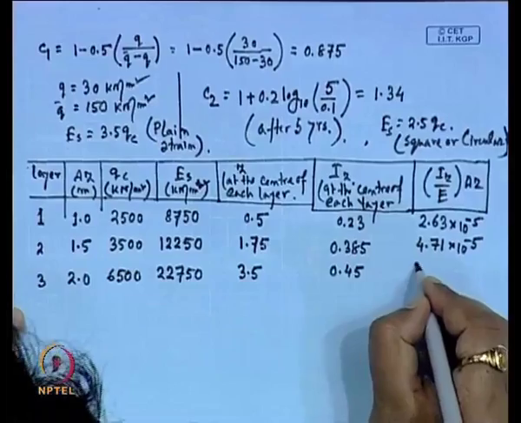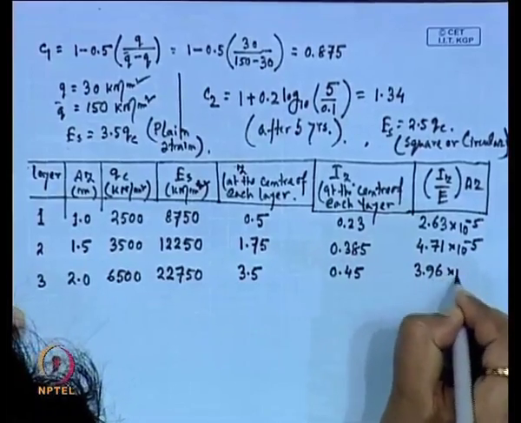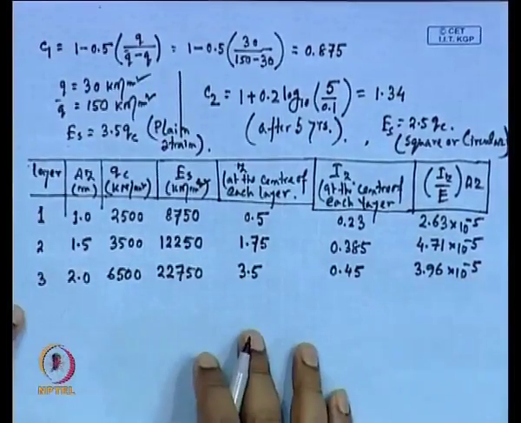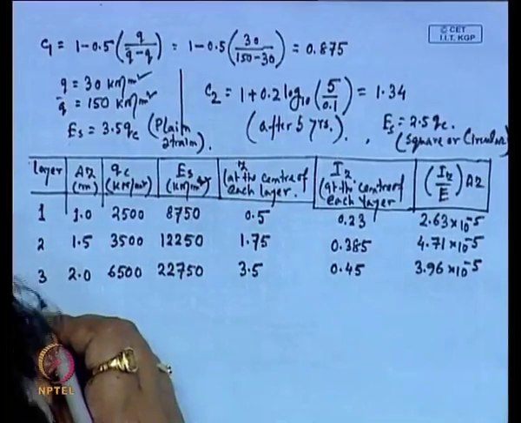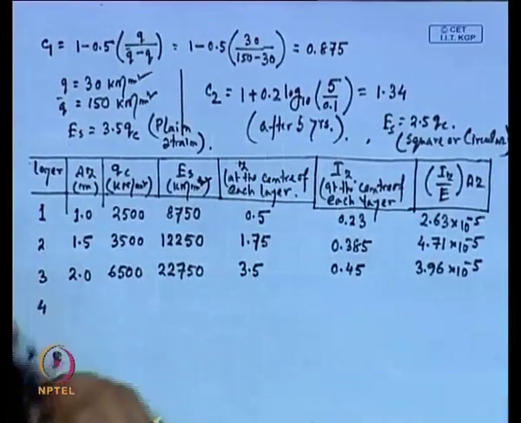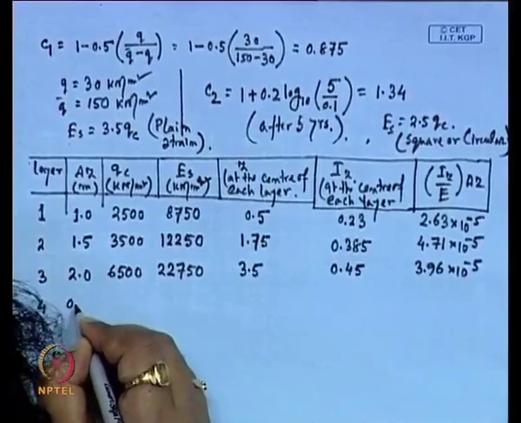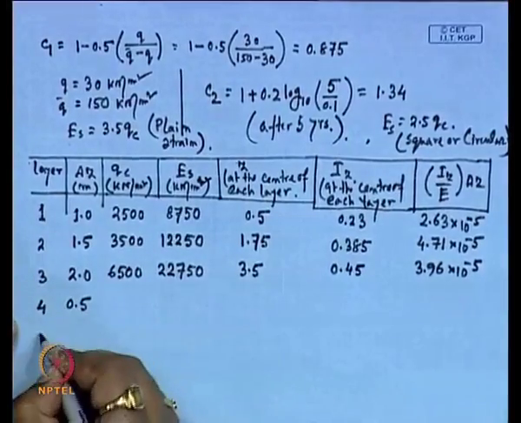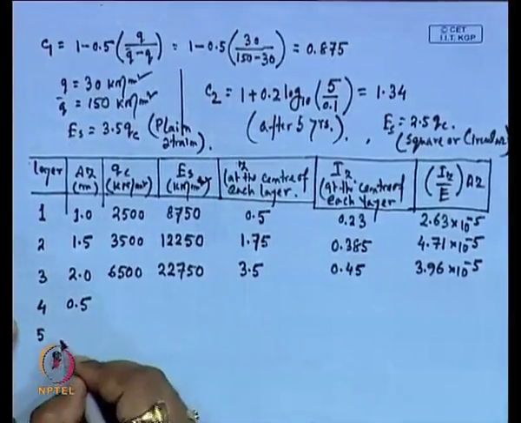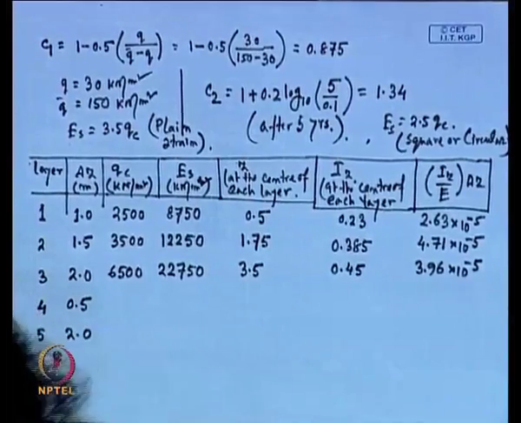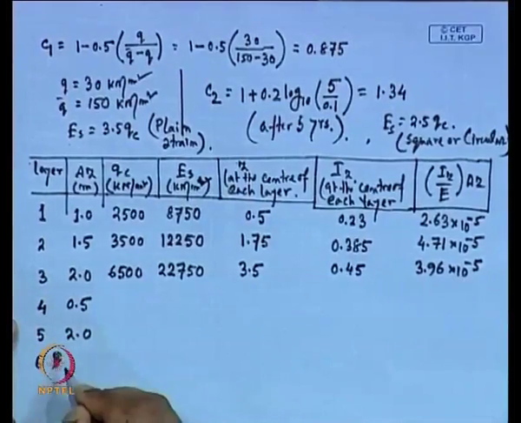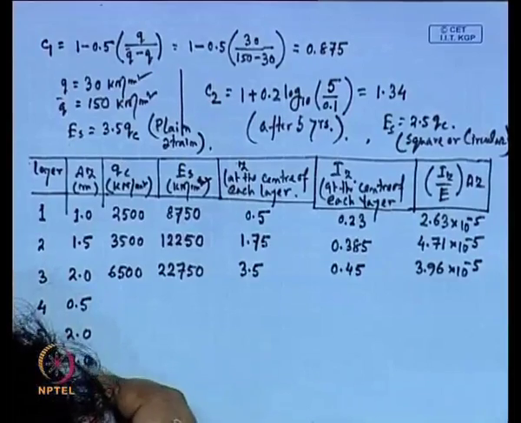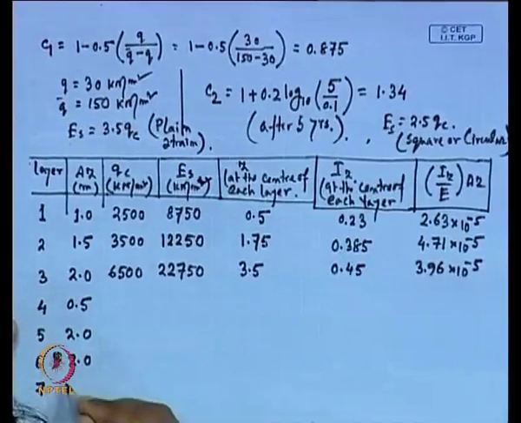So, this value is 3.96 into 10 to the power minus 5. Similarly, for the fourth layer, this is 0.5 say, and for the fifth layer, the thickness is 2 meter. For the sixth layer, the thickness of the layer is 2 meter, and for the seventh layer, the thickness of the layer is 1 meter.